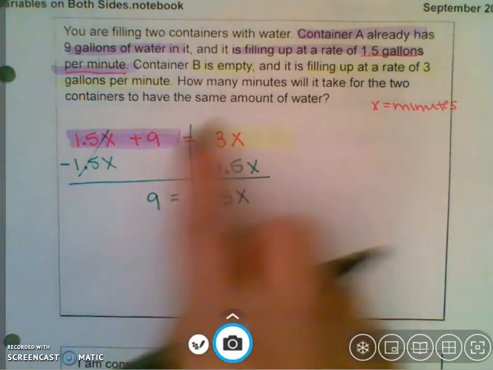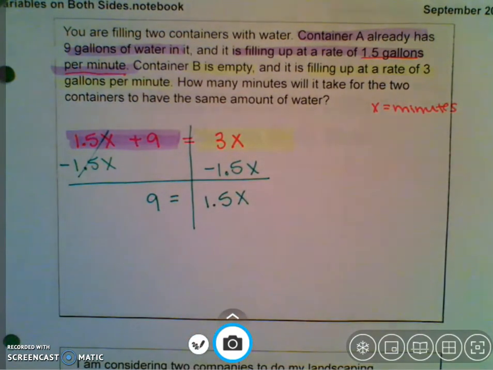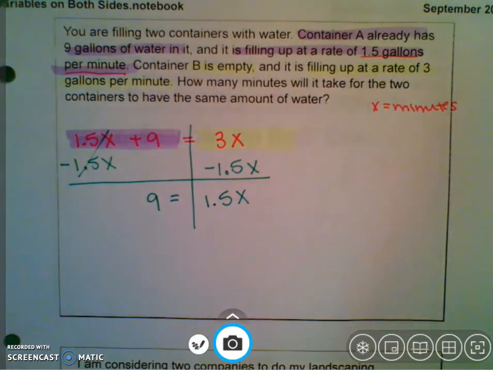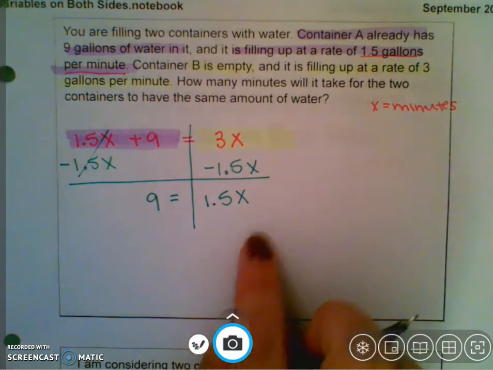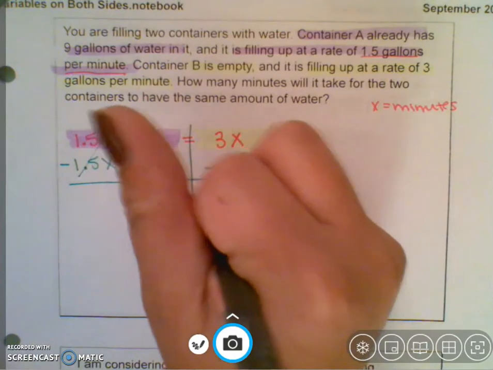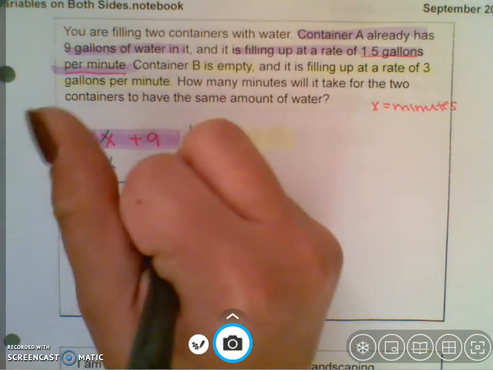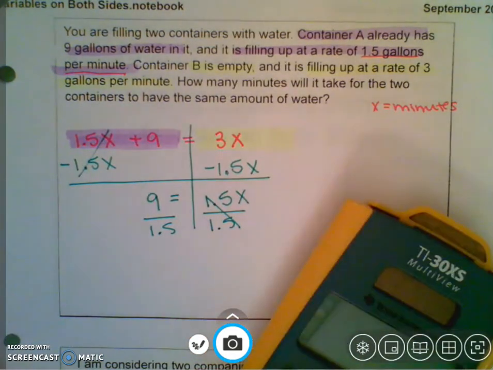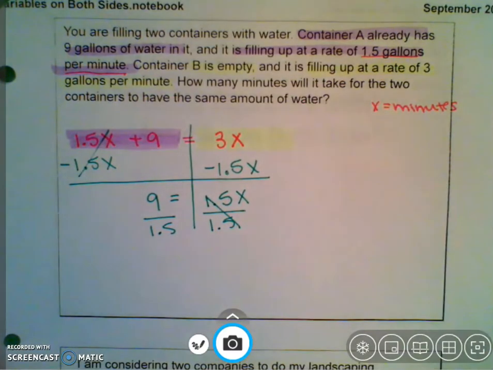The reason why I can add these together is because they both have an x, so don't leave that off. Your last step, because this is 1.5 times x, is divide by 1.5. So 9 divided by 1.5 gives you 6.